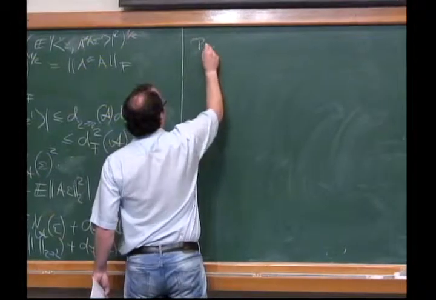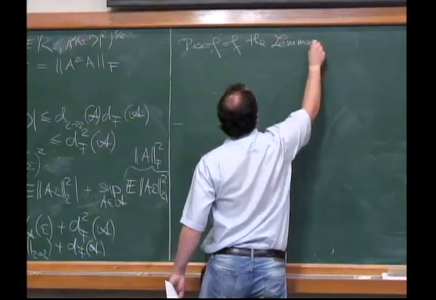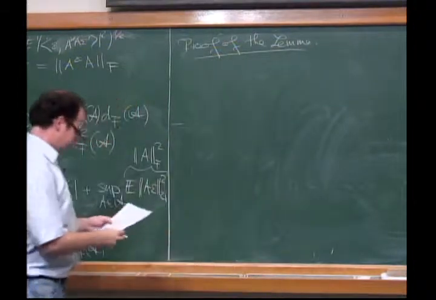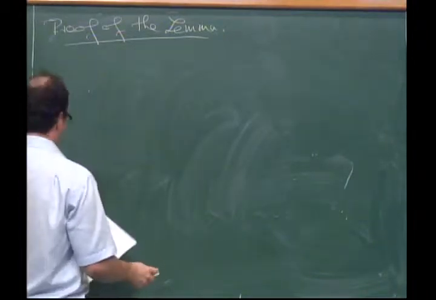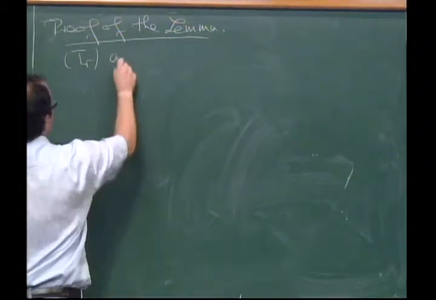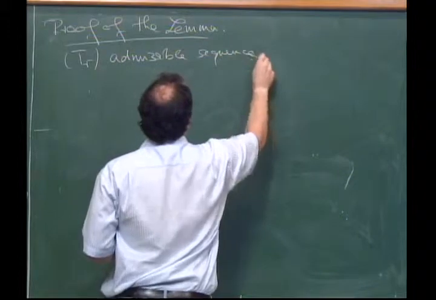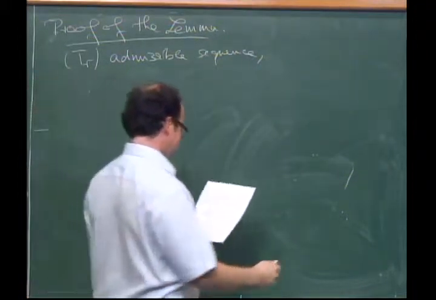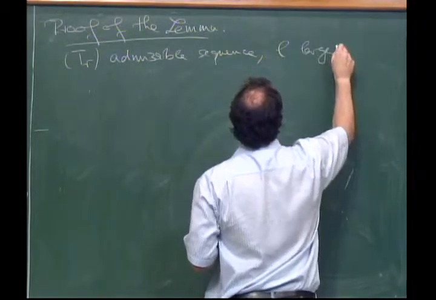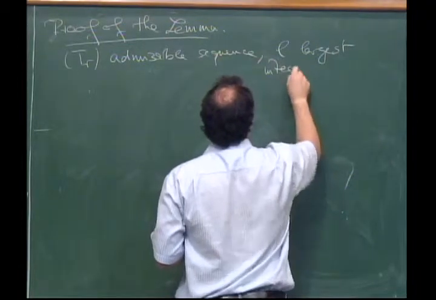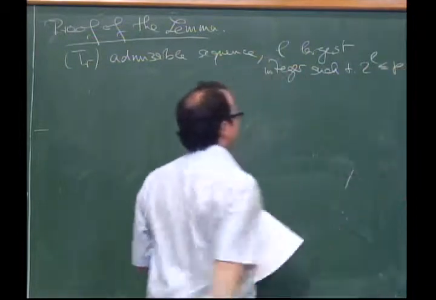Okay, so we take T_r to be an admissible sequence, and L the largest integer such that 2 to the L is less or equal to p.